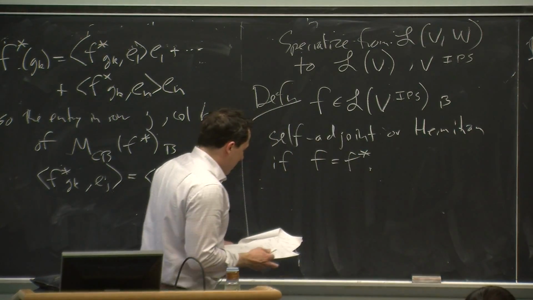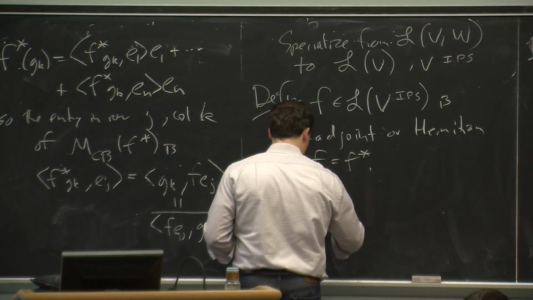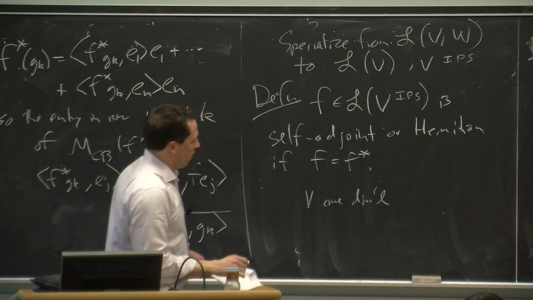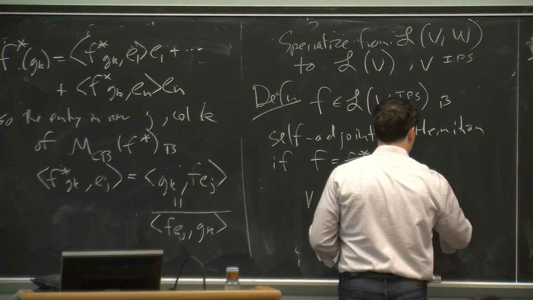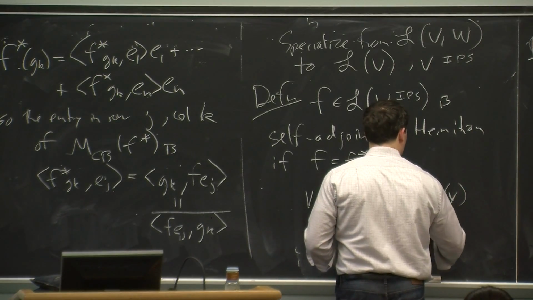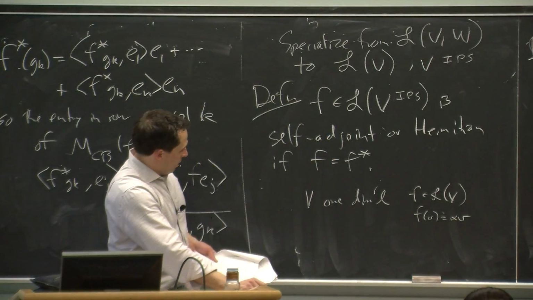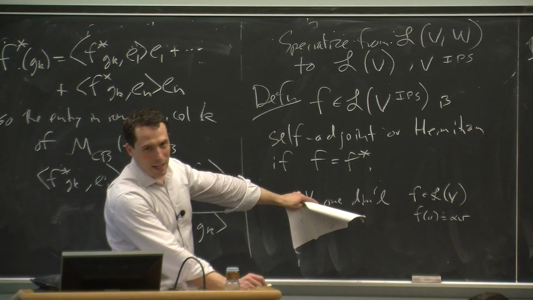One other comment is that you should think about, suppose V is one-dimensional. That means that linear transformations amount to scalar multiplication, right? F of v equals alpha v. The matrix of that linear transformation is the one-by-one matrix containing the field element alpha.